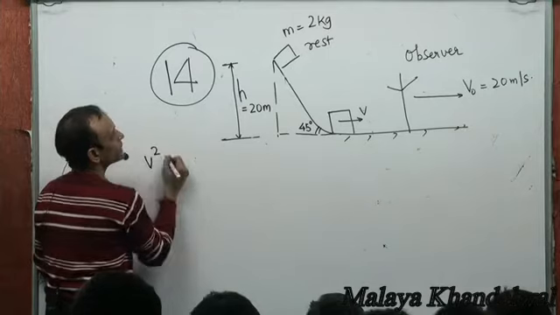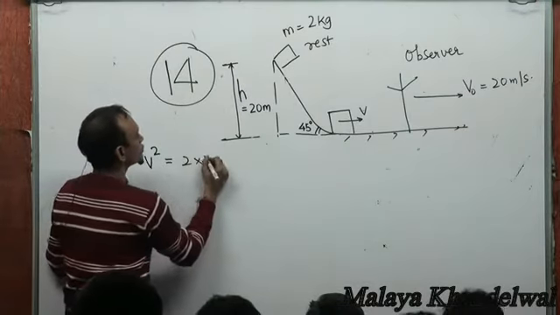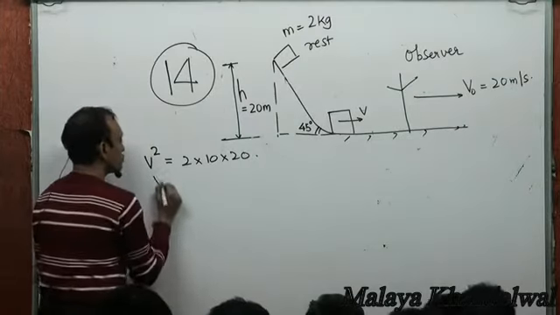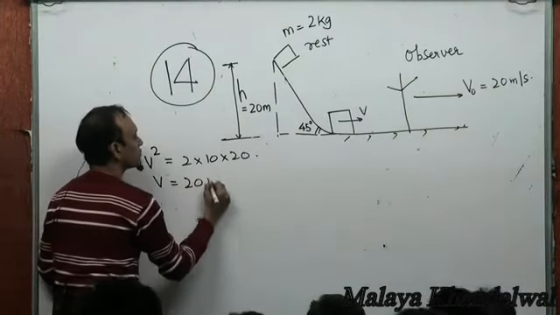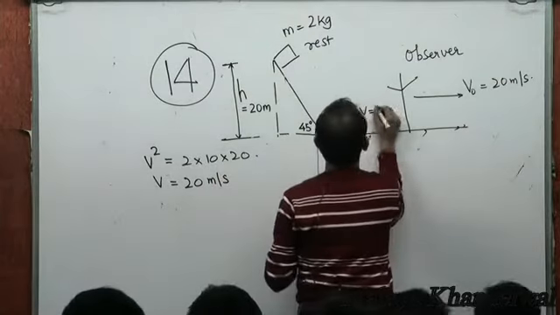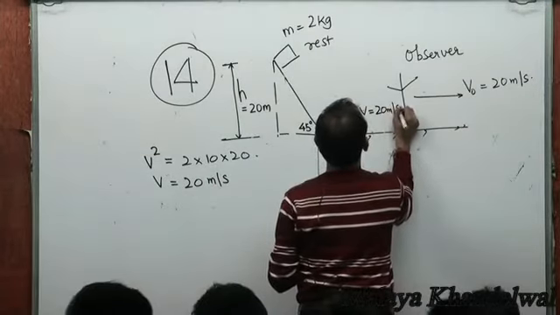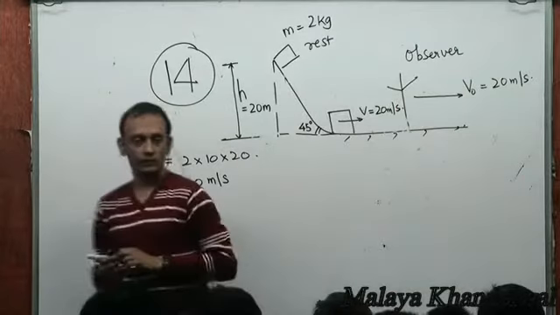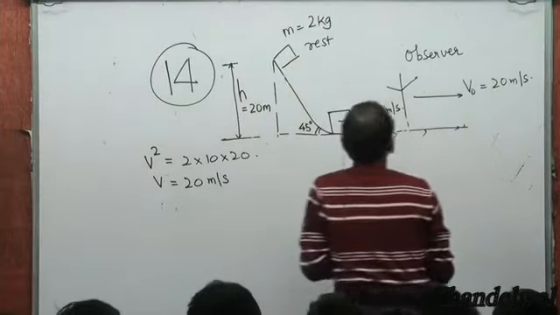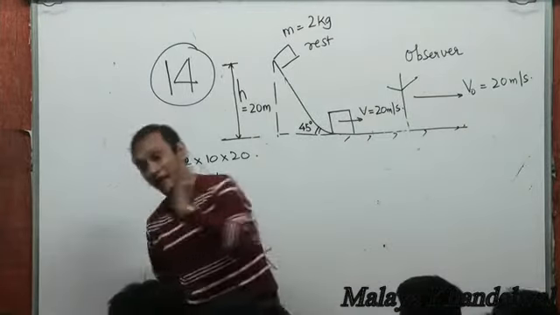So v squared is 2 into 10 into 20. Right? So the v that it develops on reaching the horizontal surface as seen by the ground is 20 meters per second. Yes or no? Now, that means this is with respect to the ground frame.